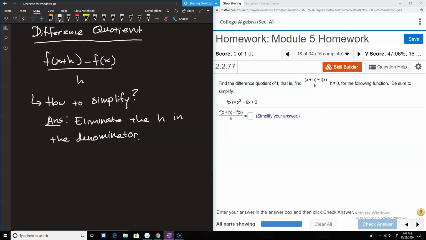Eliminating the h in the denominator often requires a number of tricks. The first trick I would say is expanding slash factoring, because sometimes they go hand in hand.